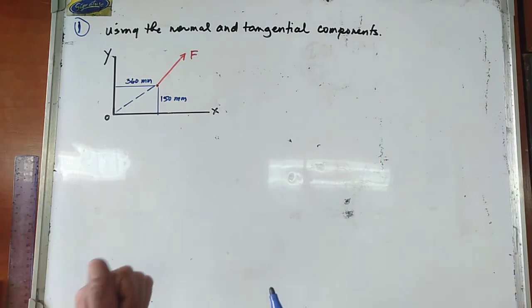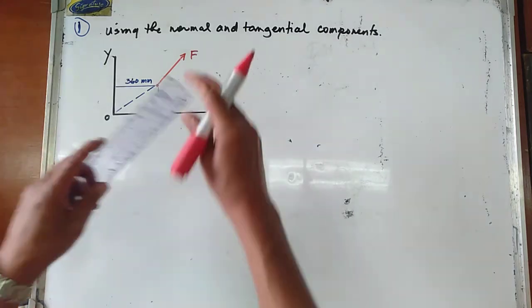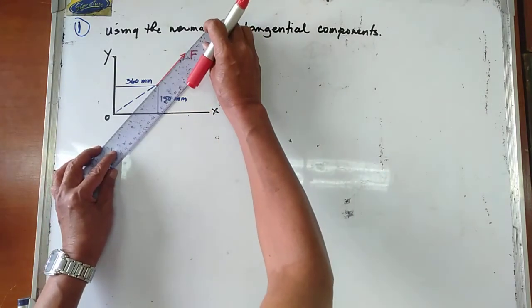And the component of this force along the line of action of the force F is the tangential component. Okay, so let us try to draw now or extend the line of action of this force F.